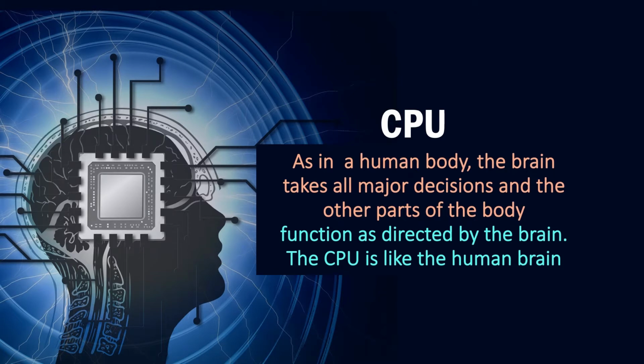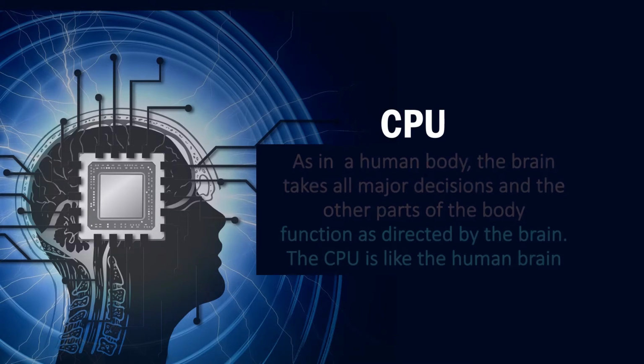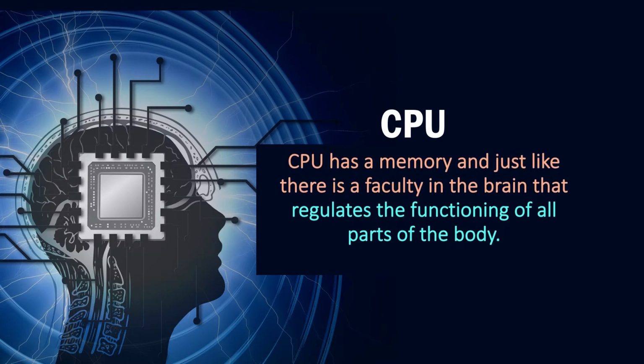But in a computer system, if we ask what a brain-like thing is, we can give an analogy of the brain of the human body to the CPU. The CPU can be seen as a brain-like component in the computer system that performs all the activity. If the CPU is the brain of the computer system, you can think about what the different activities of the CPU are.